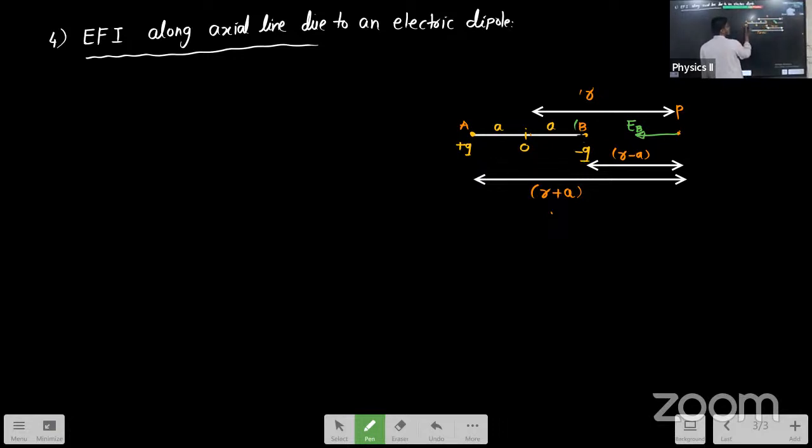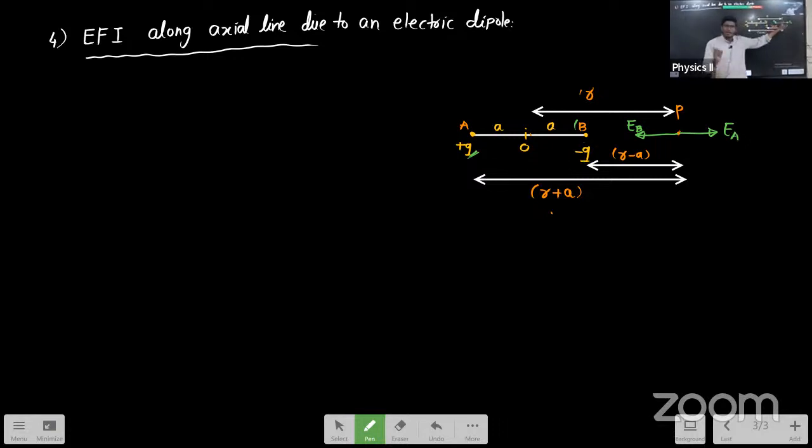Now let us consider this charge. At point A, we are having positive charge. At point P also, we are having positive charge. What will happen? They will repel. So the electric field due to A acts in the direction opposite to EB. I hope you understood this.